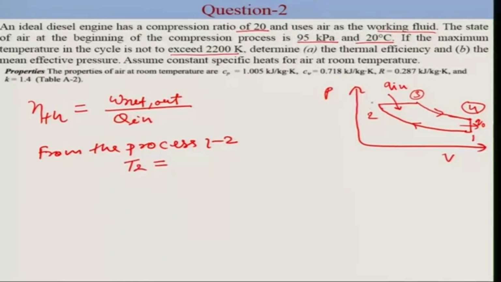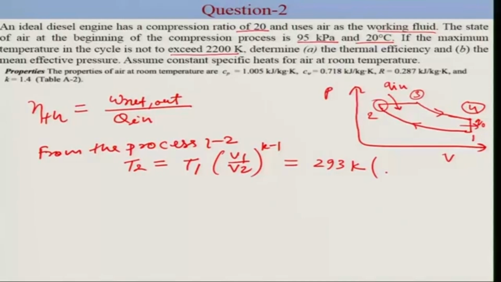temperature at state 2 can be obtained using the temperature and volume data given at state 1. So T2 equals T1 times V1 upon V2 to the power k minus 1. Okay, so T1 is given, 293 Kelvin.